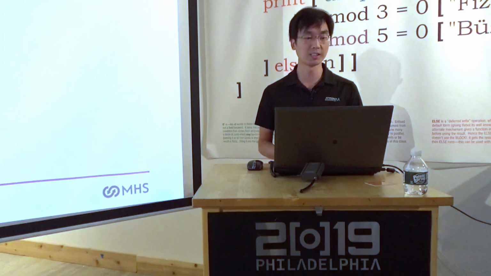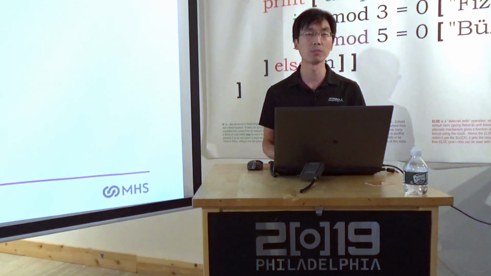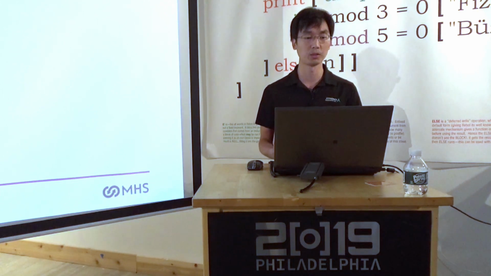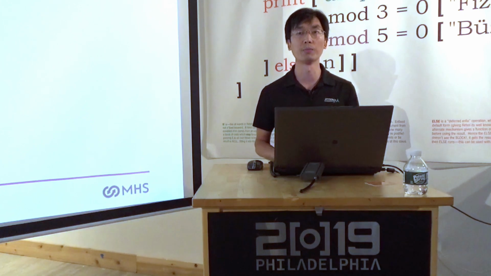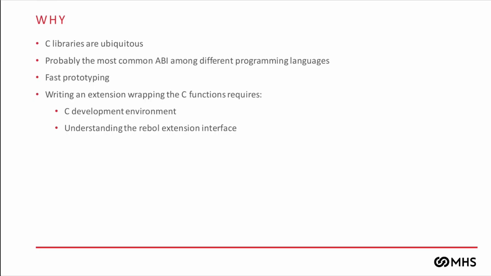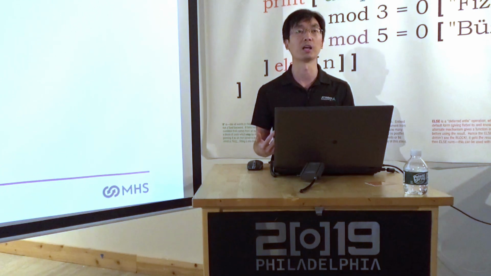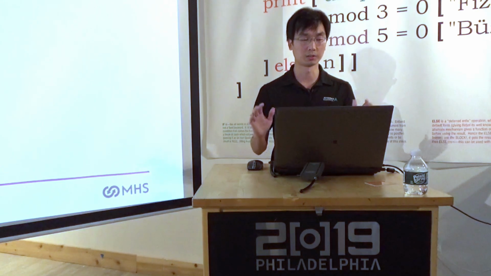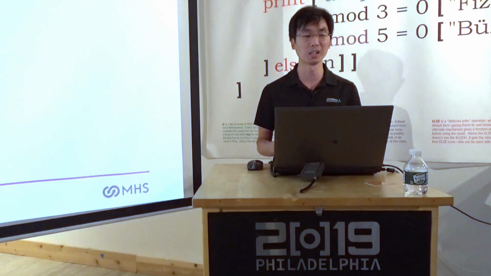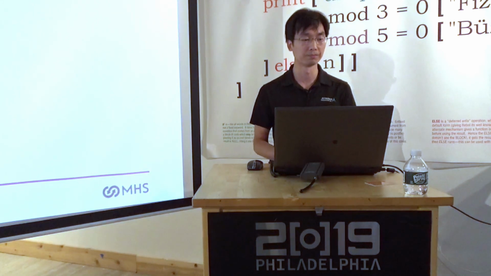And the C library is probably the most common API among different programming languages. Python has a foreign function interface, and so do Rust and JavaScript, pretty much every language. But not every language can talk to a C++ library. And yeah, same thing for others. But the C library is pretty common.